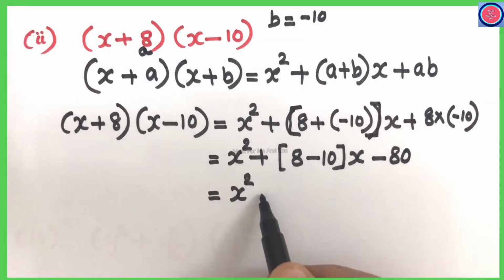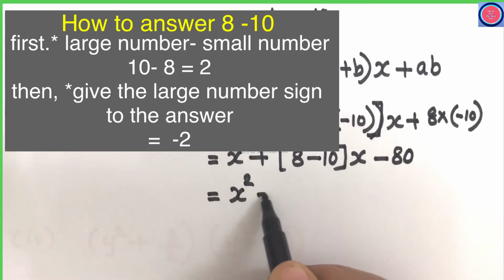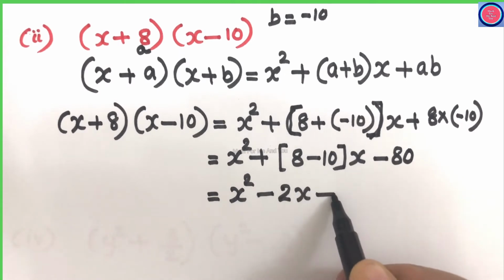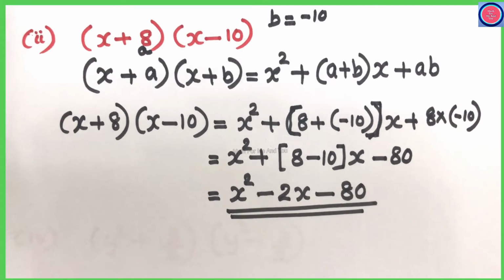This is equal to x square, inside the bracket 8 minus 10. We have to calculate big number minus small number. 10 minus 8 is 2. But the big number is negative, so here we get minus 2 times x is minus 2x, then minus 80. So here we get the answer x square minus 2x minus 80.